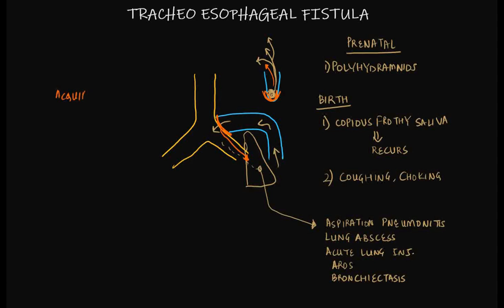Now when we come to acquired tracheoesophageal fistula, they will present with all the features of the congenital tracheoesophageal fistula except polyhydramnios and copious frothy saliva, as there is no atresia.